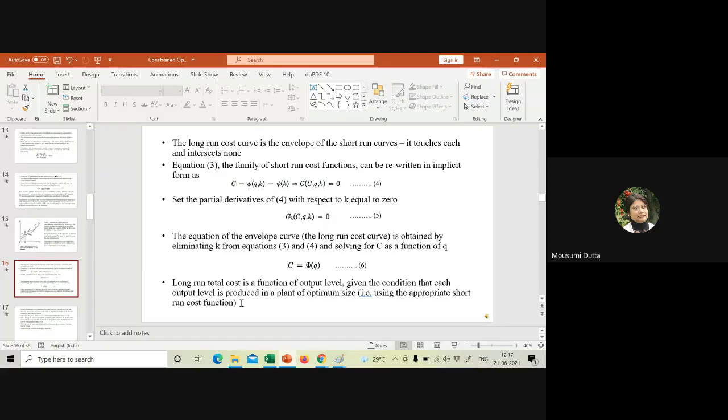So when I am enveloping, for a particular level of output, I am looking at which plant will give me the minimum cost. Accordingly, I am selecting and deriving the long run cost function. So this is the meaning of the last sentence.